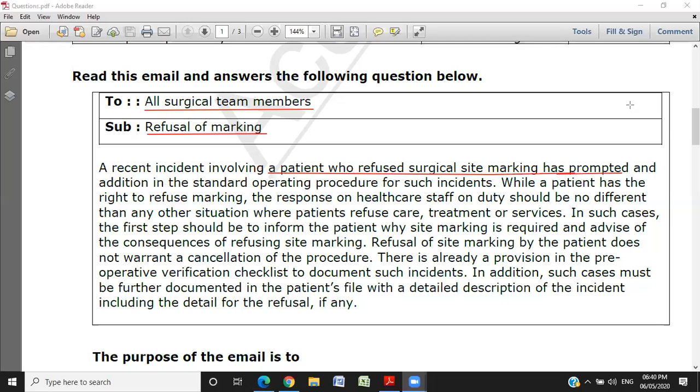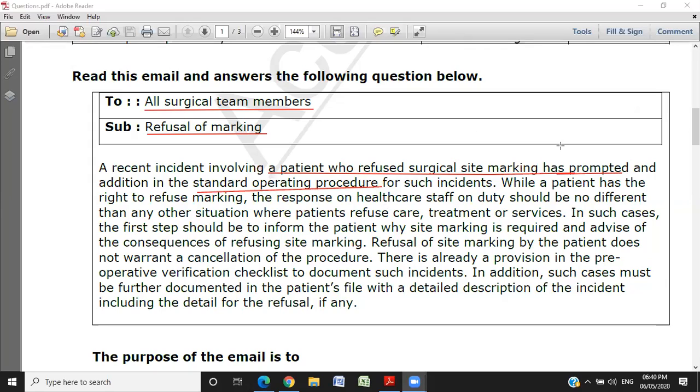So it tells us what we should do. But if you see here, it also gives you an idea that there has already been a standard operating procedure. So this is probably not the first time that they have developed a guideline, but they have added a few points.